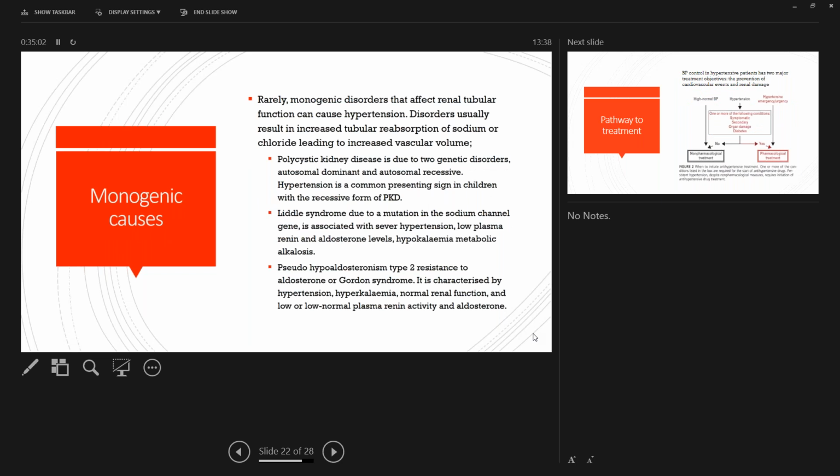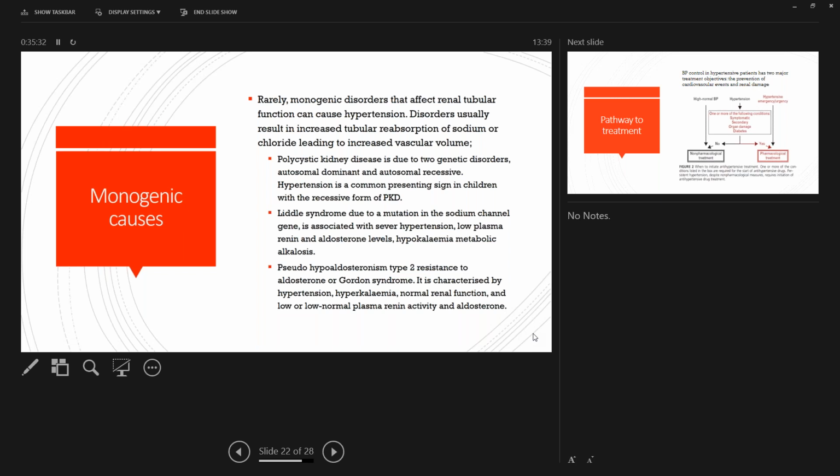I just included this here because it's a little bit interesting, but it may be something you may or may not see, but it's important to consider when we're looking at etiology of hypertension. Rarely there are monogenic causes that affect your renal tubular function that can then cause hypertension. As a general rule of thumb, hypertension that's got a renal cause is either going to be glomerular, tubular based, or vascular based.